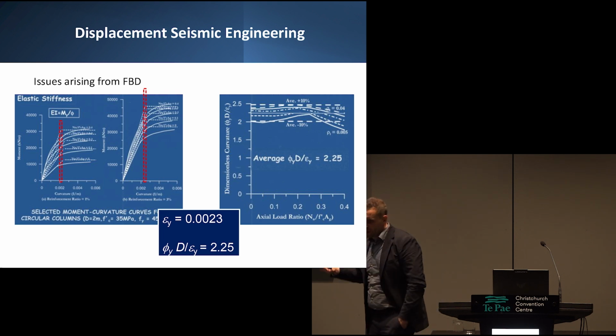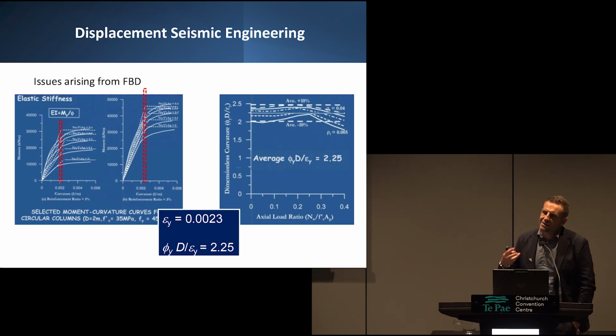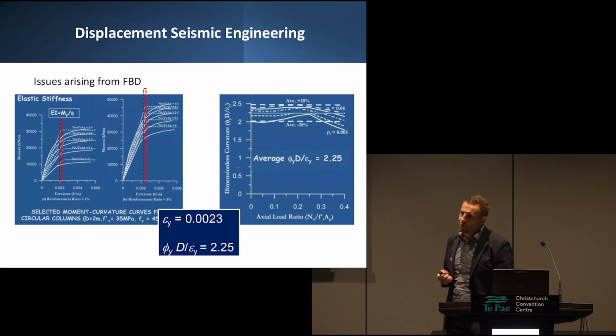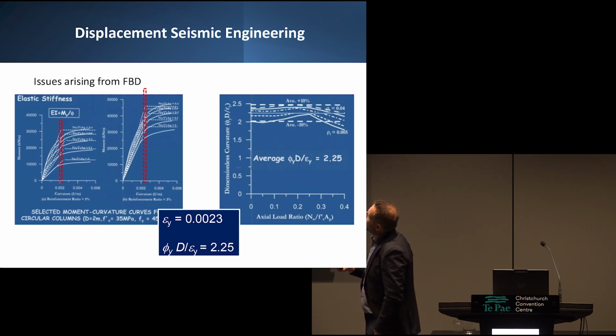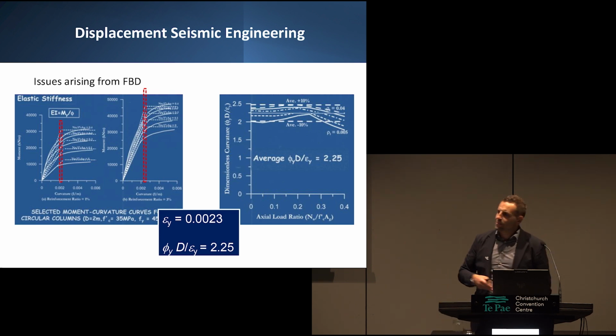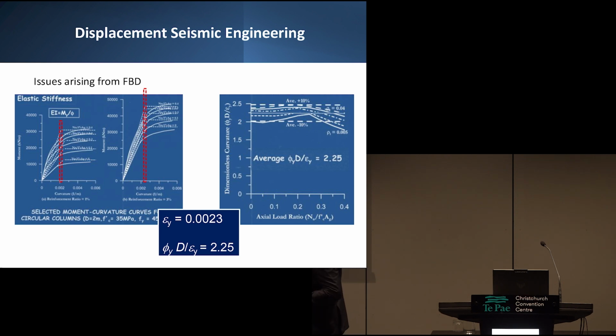But what I want to highlight, which is not in the model code, is that one of the main bases of the displacement-based design introduced by Professor Nigel Priestley is that we don't really talk about secant stiffness, but we talk about yielding curvature. By his analysis, he showed that if you do a moment-curvature analysis and change the reinforcement of the section, even within a certain range of axial load, the yielding curvature is the parameter that doesn't change.